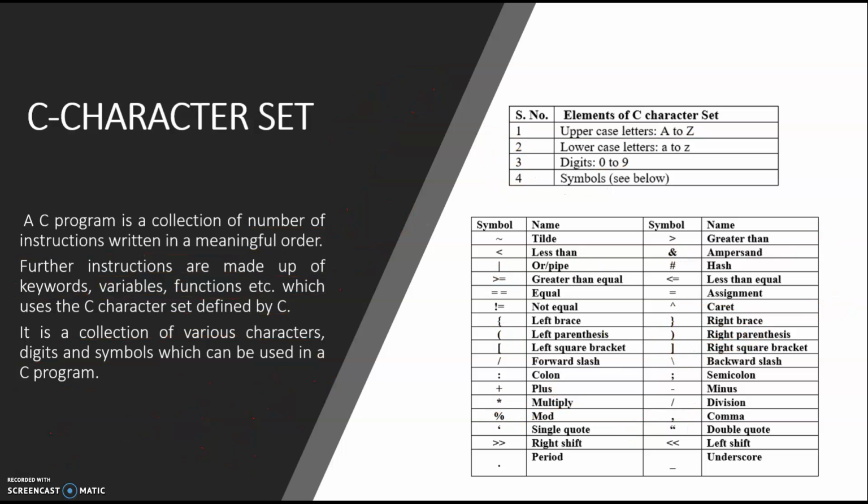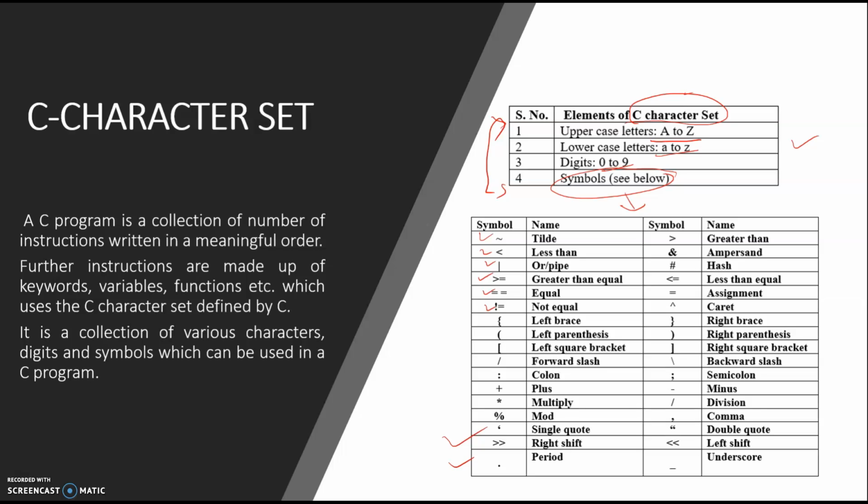Here you can see you can use all these symbols for writing your program, like the tilde symbol, less than symbol, greater than or equal to symbol, not symbol. So the first table denotes the different character sets which you can use for writing your program, and the second table represents the different symbols which you can use for writing your instructions in C. All in all, C supports 4 different types of character sets: uppercase A to Z, lowercase a to z, digits 0 to 9, and some symbols.